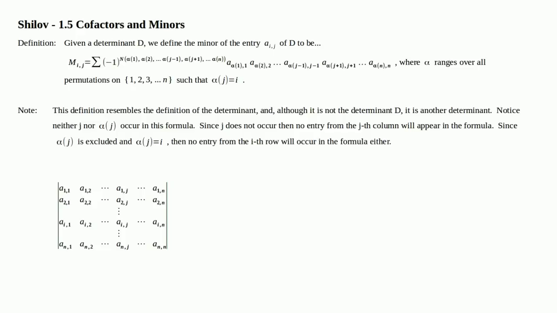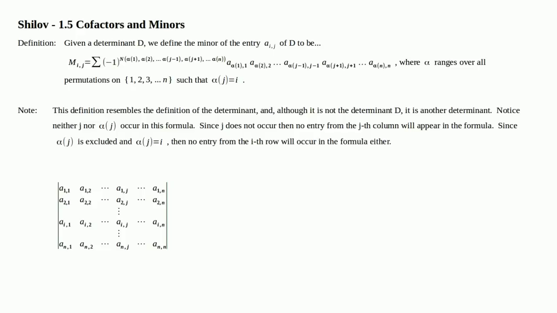Given a determinant D, we define the minor of the entry a sub ij of D to be m sub ij, equal to something that looks vaguely like a determinant, where alpha ranges over all permutations on the set 1 through n such that alpha of j is equal to i.